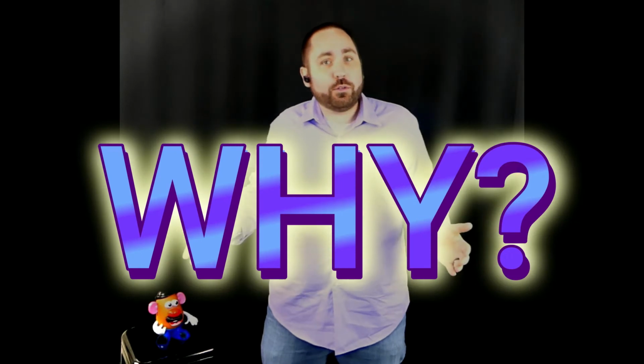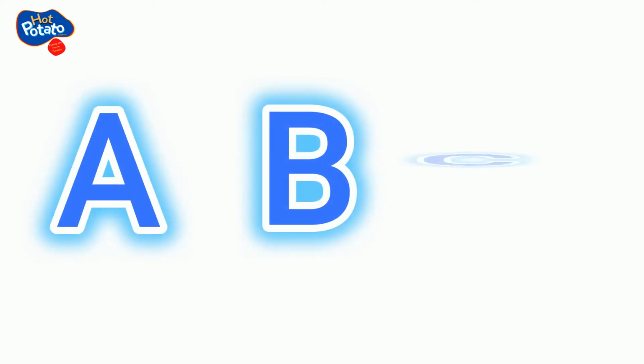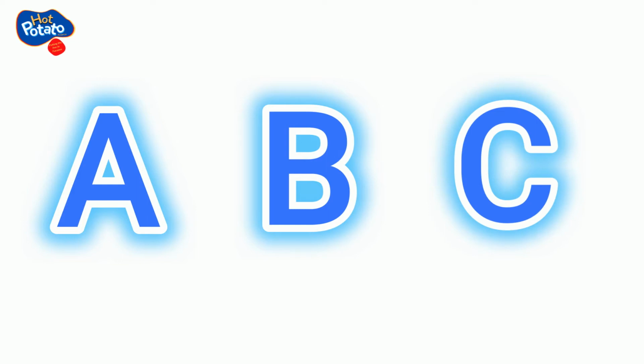Now, when we're talking about utility, we have to ask the question, why do we talk about utility? Well, we talk about utility because this is something that we use every single day. We need to make a decision about one thing versus another. And so we need to compare: do we choose option A, option B, or option C? In comparing each of those, our first instinct is to look at price.